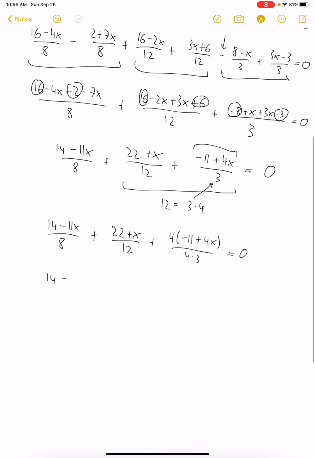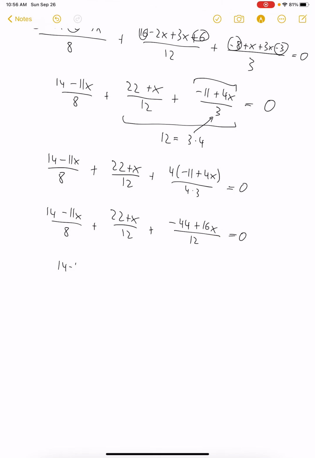Just repeat the first term without any change, plus, and now we have 22 plus x over 12 plus minus 44 plus 16x over 12 is equal to 0.